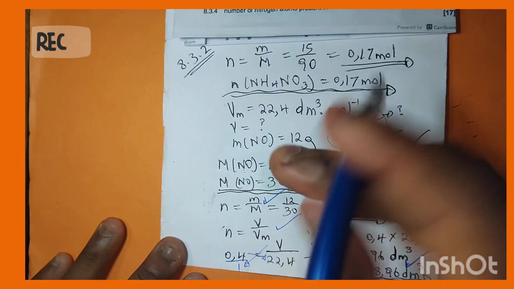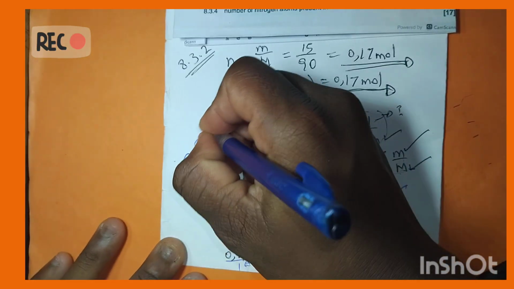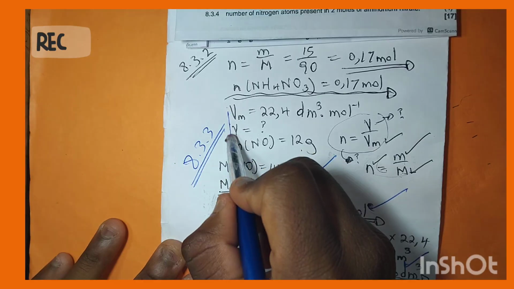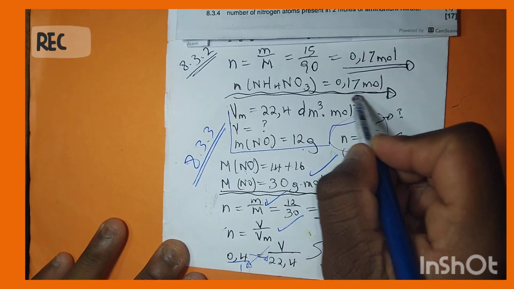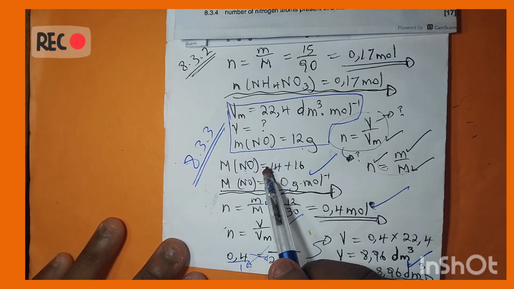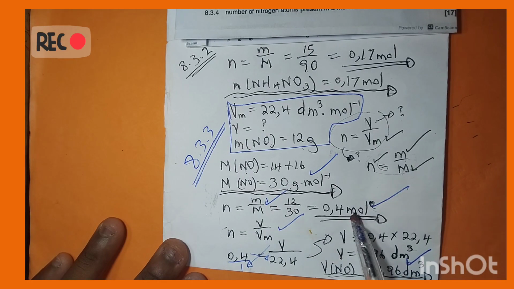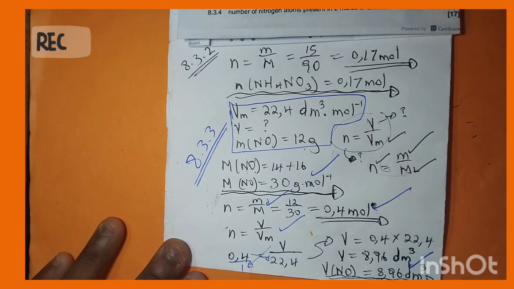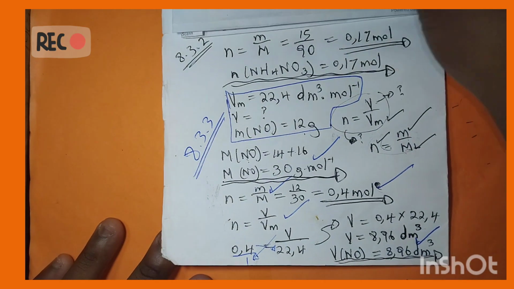This was question 8.3.3. This is the information I'm given; my calculation starts from here, then comes from here until there. So let me go to the last question, by the way.